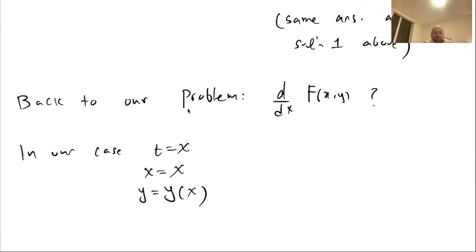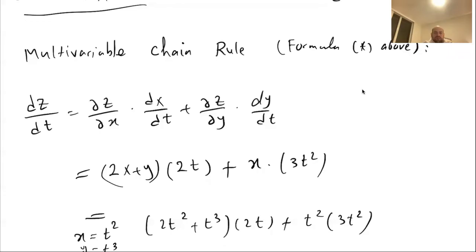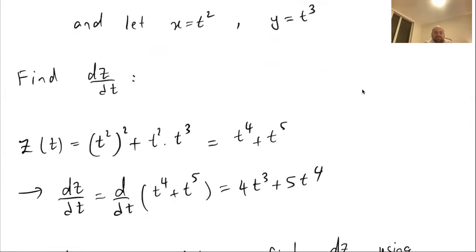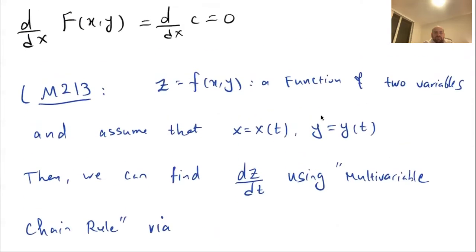Remember, in our assumption, x and y were functions of t, the independent variable. Here, the independent variable is x itself. x, of course, is a function of itself because x is equal to x, and y is equal to y of x.